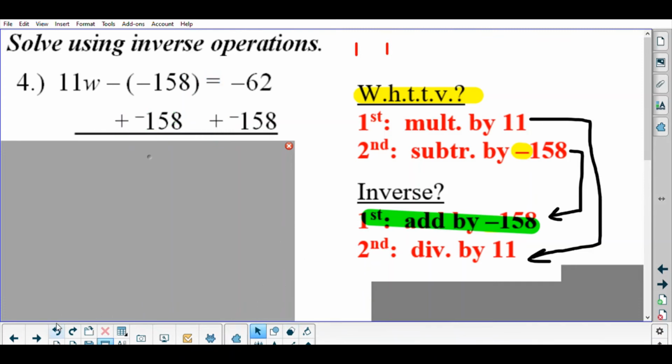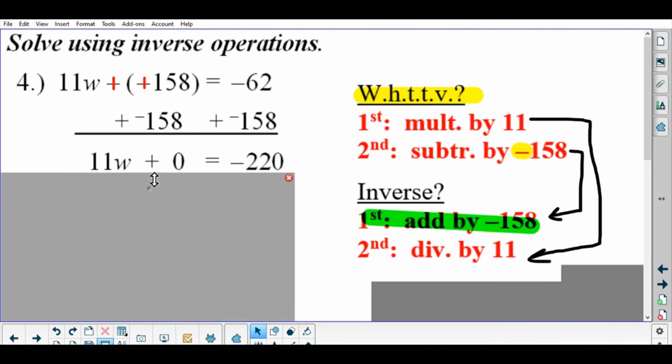Before you work down, find the subtraction on the original problem and make it adding the opposite, which makes that adding a positive. Now when you work down, you will see that you'll get 0. Why? Because positive 158 plus negative 158 is 0.